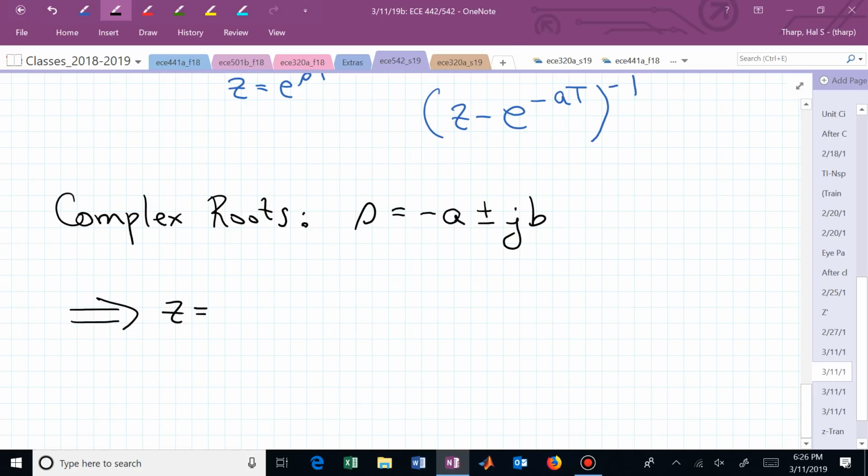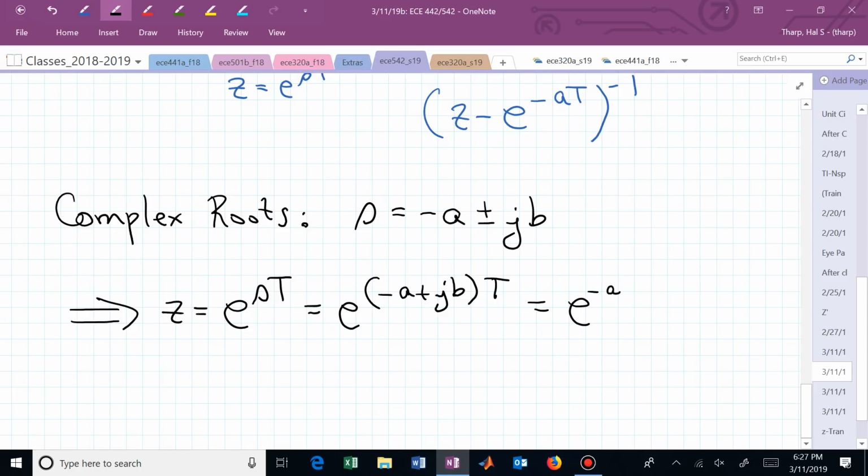If we just look at one of those through this relationship, z is equal to e to the sT, let's look at the one with the positive j omega or jb. We now have minus a plus jb, that's s, times capital T. We can now distribute that sample period across the two terms.